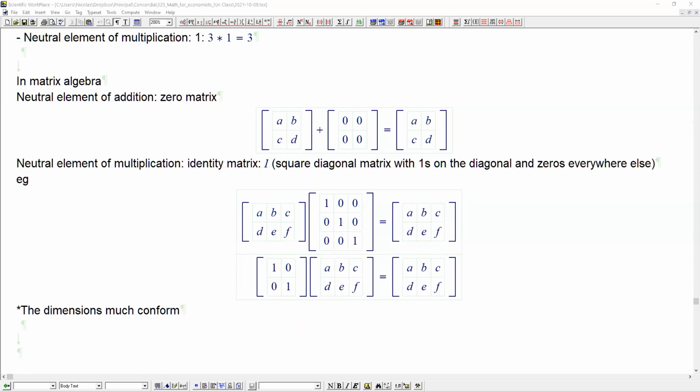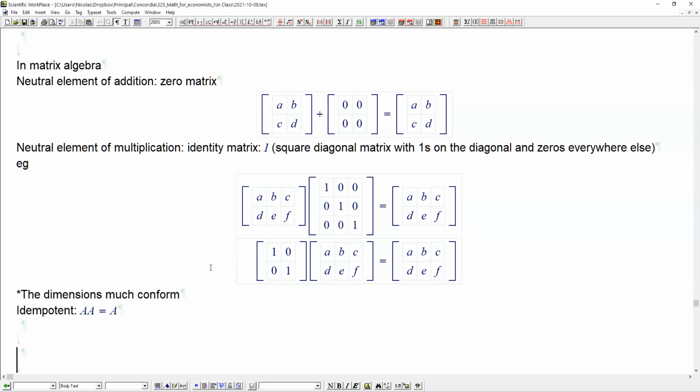Ah yeah, good. A squared equals A. All right, some idiosyncrasies of matrix algebra.